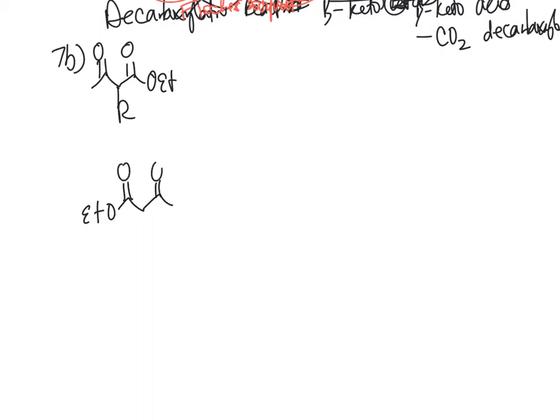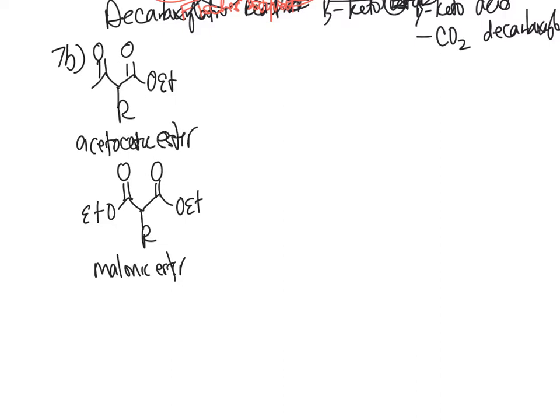All right, so now we're on 7B. Acetoacetic ester and malonic ester. So this is your malonic ester, and this is your acetoacetic ester. So these products then can undergo acid hydrolysis.